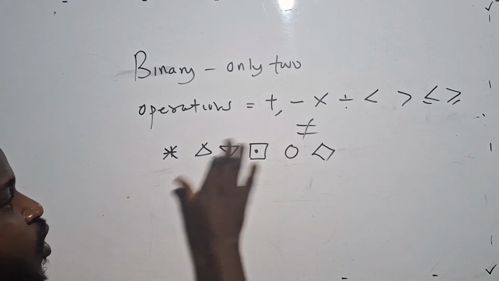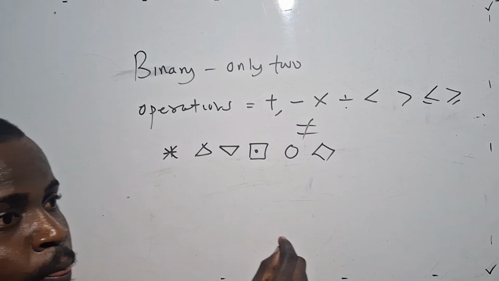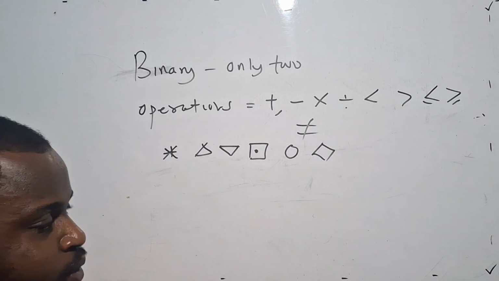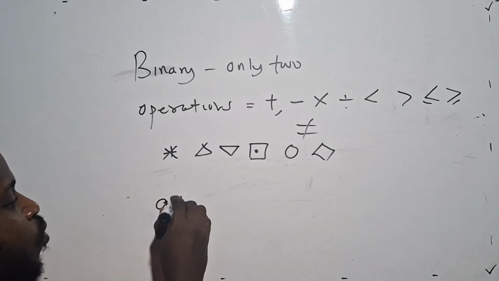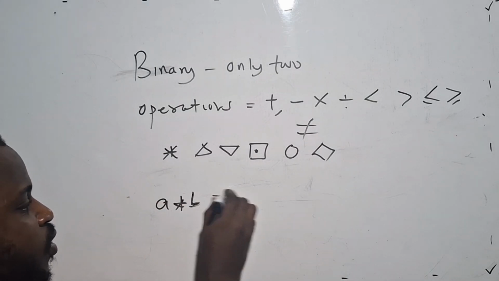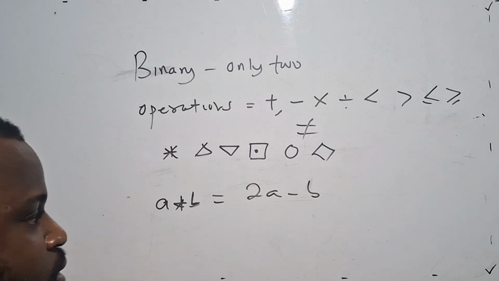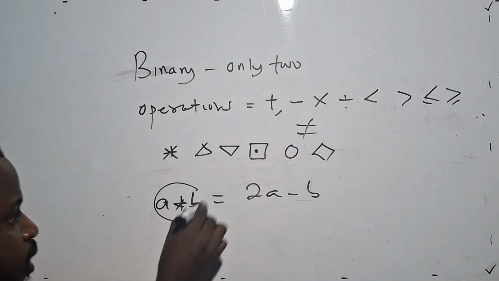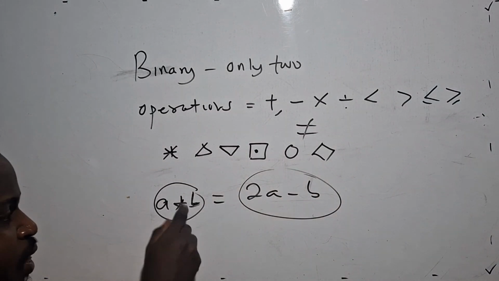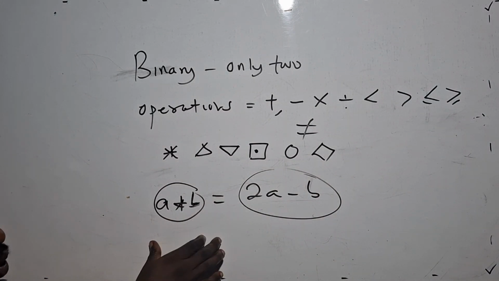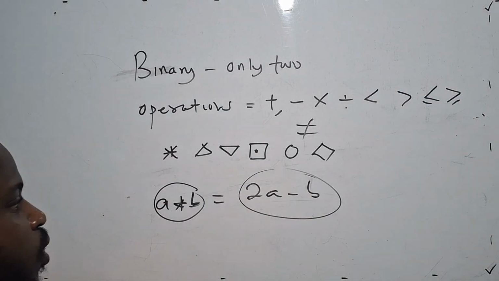So in binary operation, this is what we are going to use to combine figures or elements. Then the rule will be given. So when you say a binary operation, A star B is defined as maybe 2A minus B. We have used the operation to combine these two variables using the new rule.